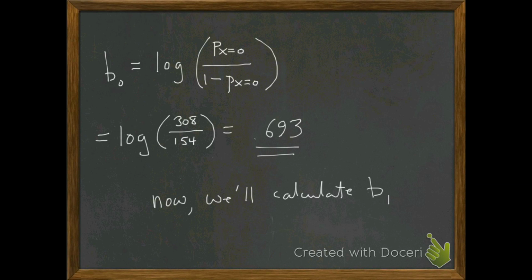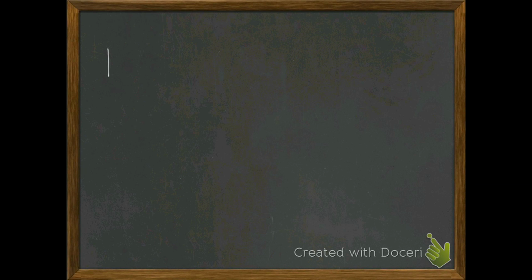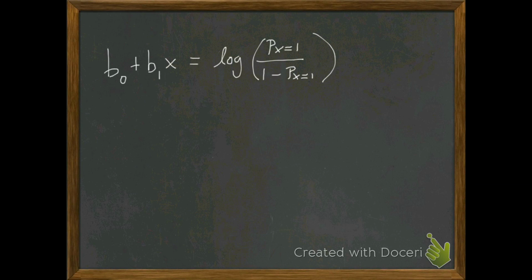Now, we'll calculate beta 1. Well, guys, it turns out that beta 0 plus beta 1x, as we talked about before, is equal to the log of the odds of a male surviving.